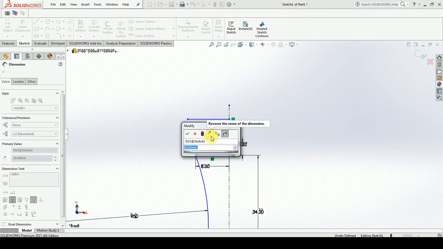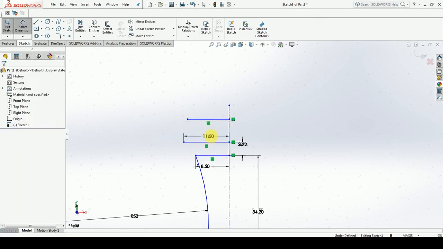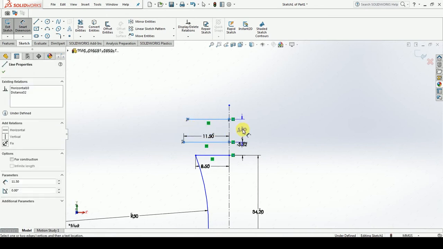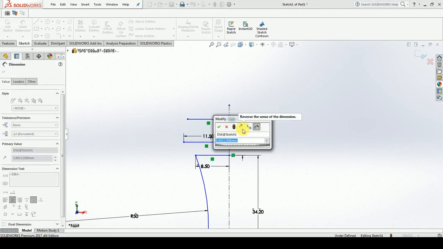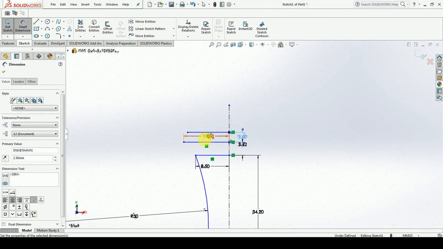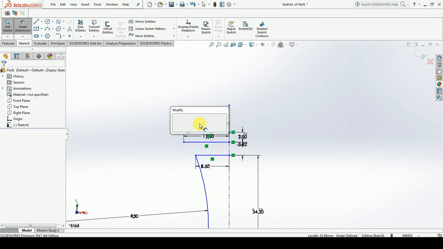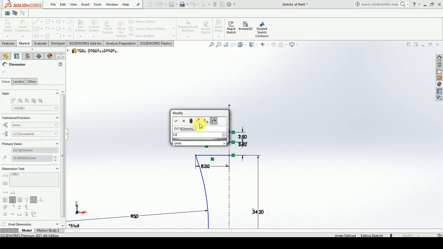The horizontal distance is 11.5 millimeter, and again the vertical distance is 2.5 millimeter and the horizontal distance is 13 millimeter.